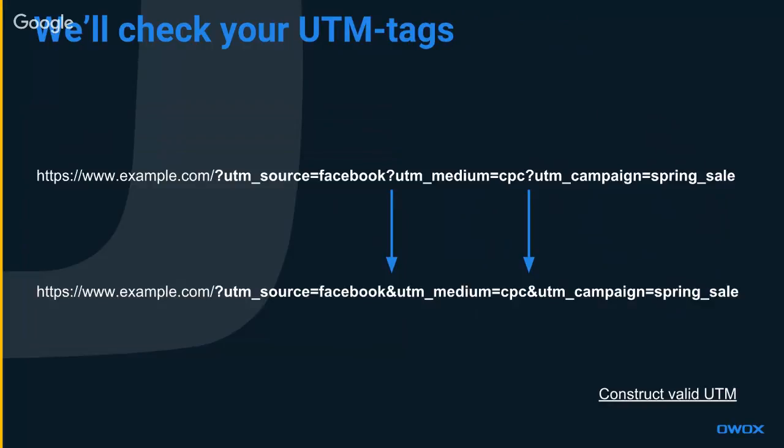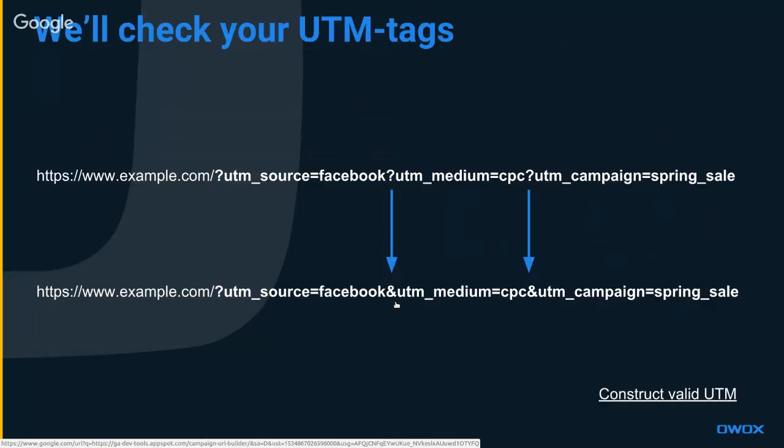So at the process of importing data, while we are parsing your advertising campaigns from Facebook or other platforms, we check the UTM tags of your advertising URLs. And whenever you do some mistakes, like here in an example, there are 2 more question symbols, and they should have been replaced with ampersand symbols.